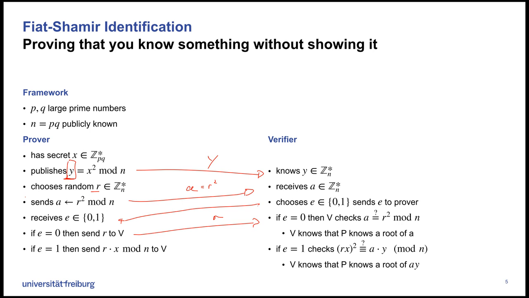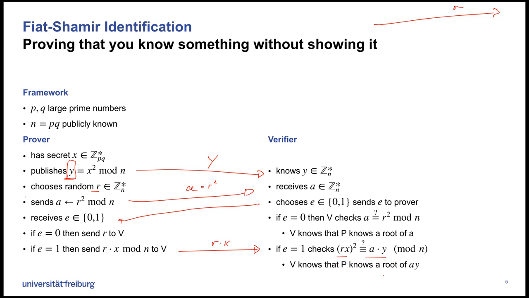Okay. So what happens in the other case? In the other case, if e is equal to 1, we send r times x. And the verifier checks whether (r times x) squared is equal to a times y.